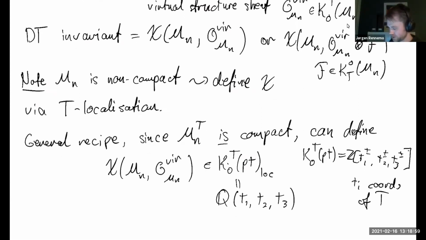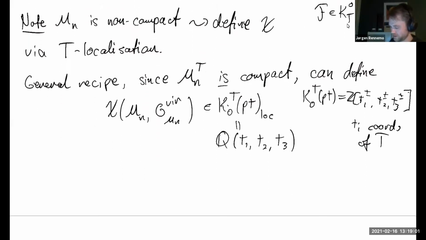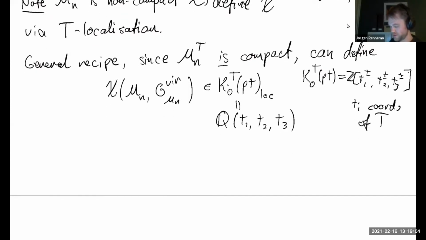But more than this, not only does localization allow us to define this thing, it also gives you a way to compute it. Specifically, we can describe explicitly what the fixed points here are.